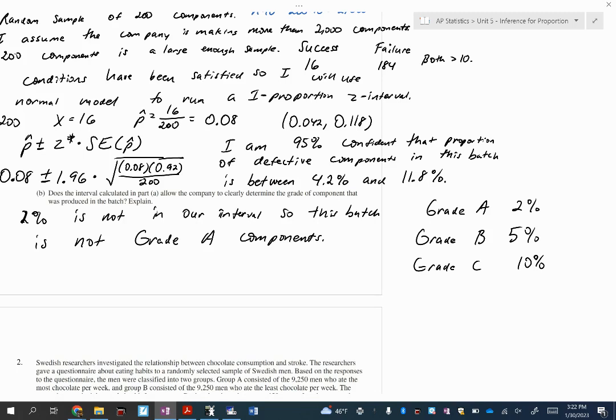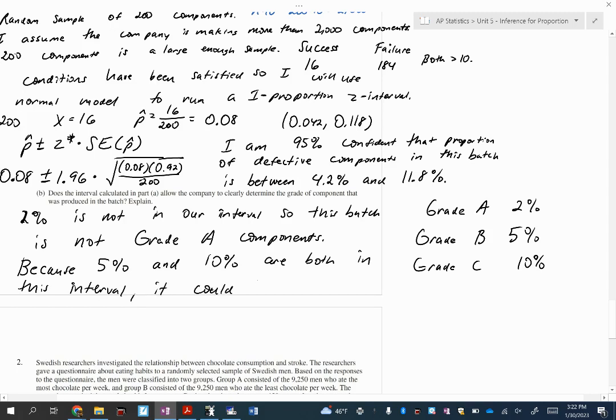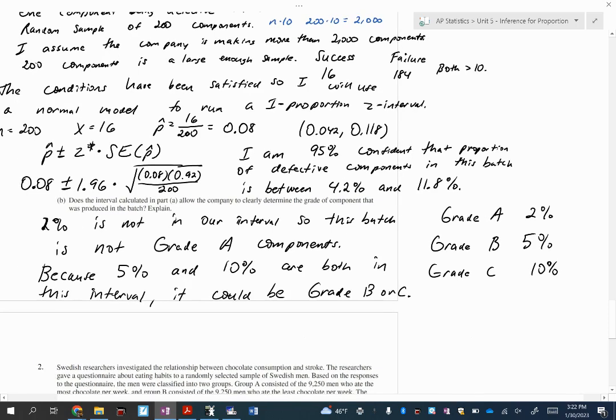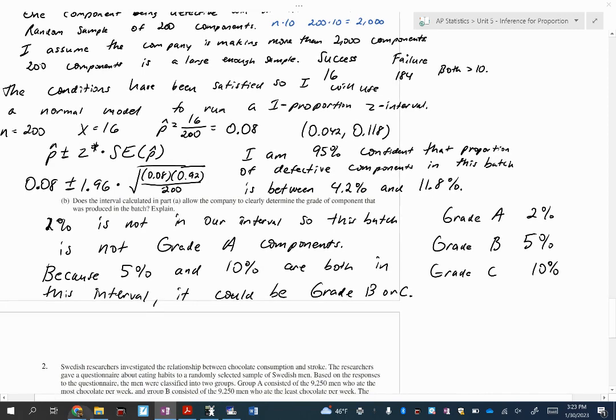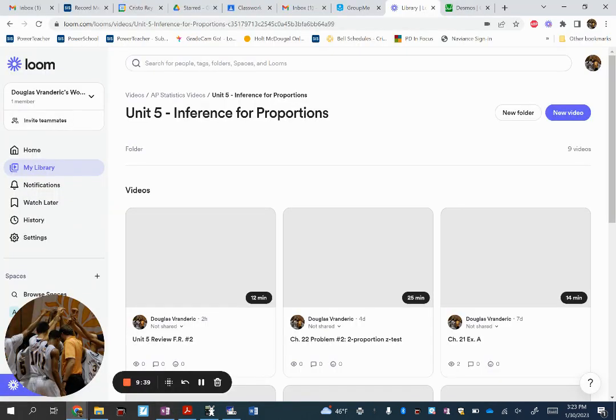So can we narrow it down any more? No. So all we can say is because 5% and 10% are both in this interval, it could be grade B or C. Look at that, guys.